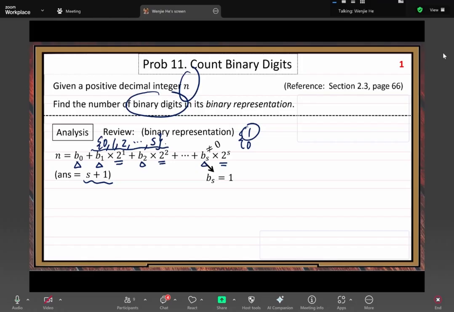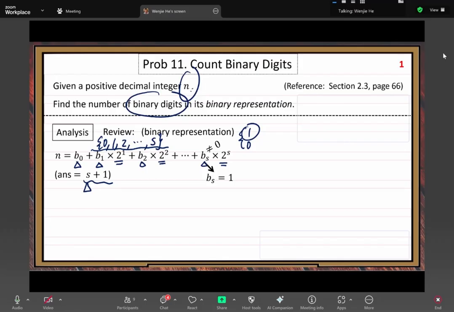All right. So the answer is s plus 1, but you cannot use this as your final formula. The reason is, our goal is to write the answer in terms of this n. You need to write S in terms of n.